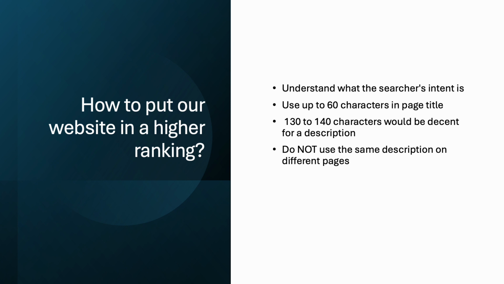They have a limited pixel length for each line of the page depending on the devices. So you should use up to 60 characters in order to make your page look nice and show the title in one line.